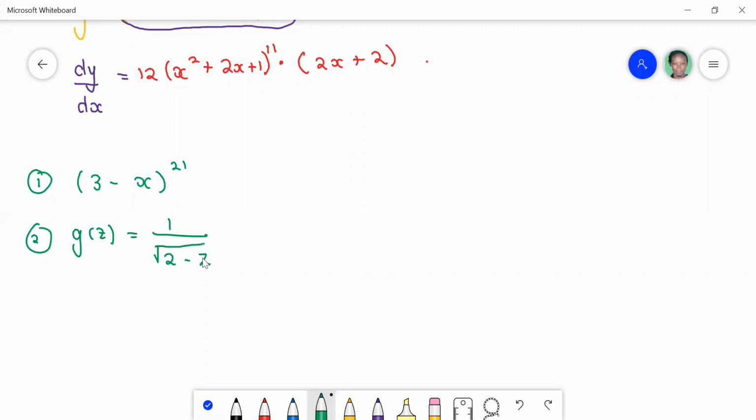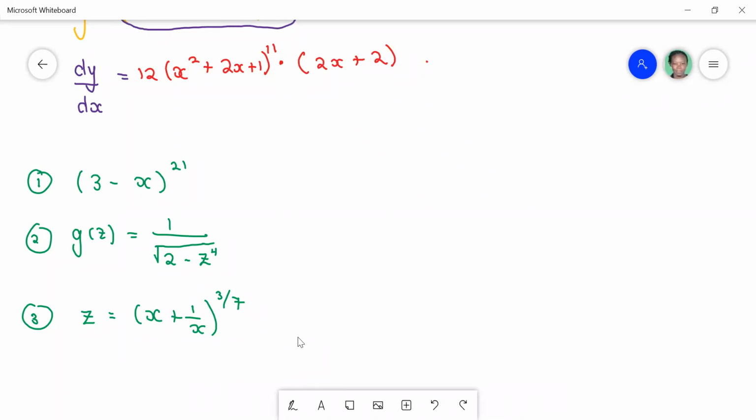Examples: 2 minus z to the power 4, and let z be equal to x plus 1 over x, all to the power 3 over 7. Try your hands on these.